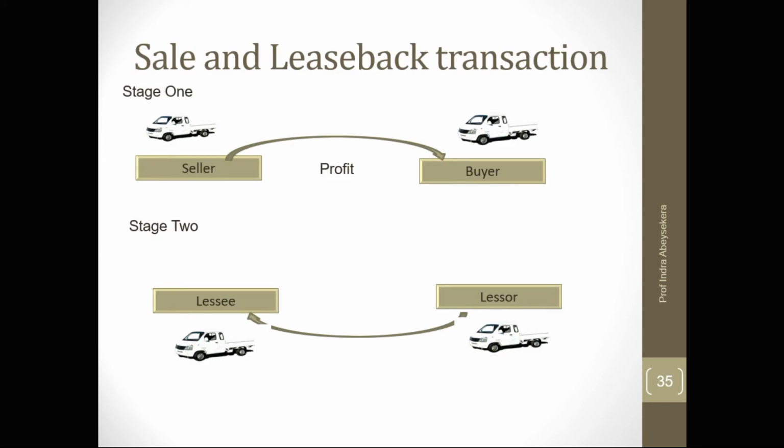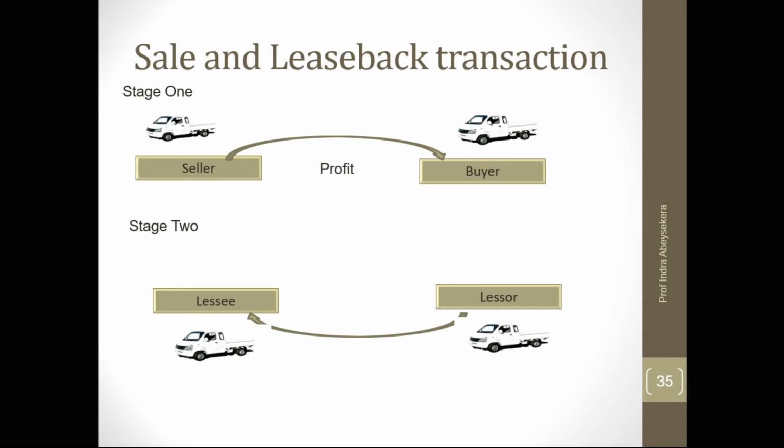On a sale and lease back situation, the seller sells the asset to the buyer, and then the buyer becomes a lessor and leases it back to the lessee. Why it is done is that in this arrangement, the seller can obtain cash and then get the same asset leased back.